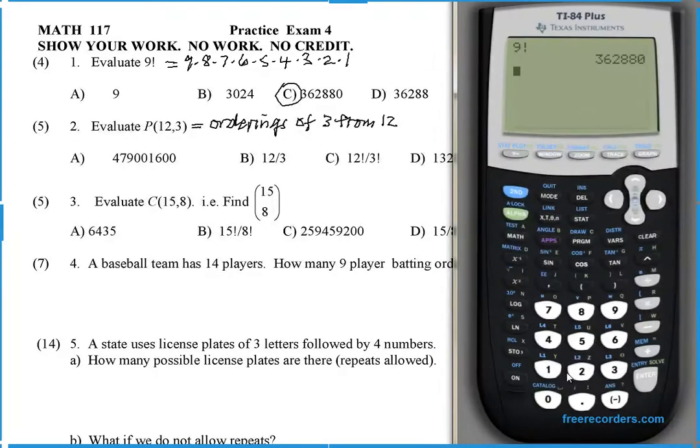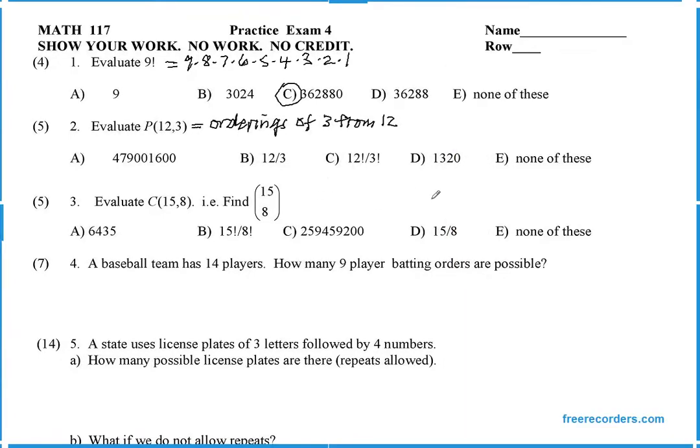And if we go to the calculator here, that's again under math, and then probability, and then it's option number 2. And we want to put in the 12 first here. So 12, math, probability, option 2, and then a 3. So 12 nPr 3, 1320, which is choice D.